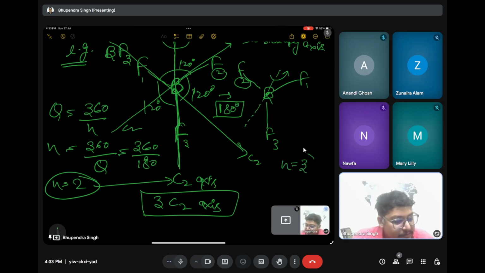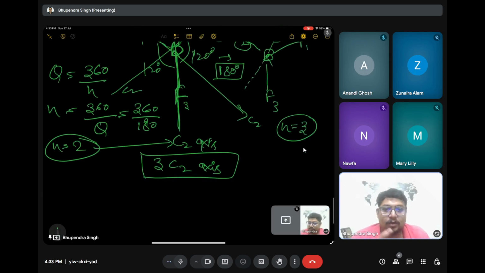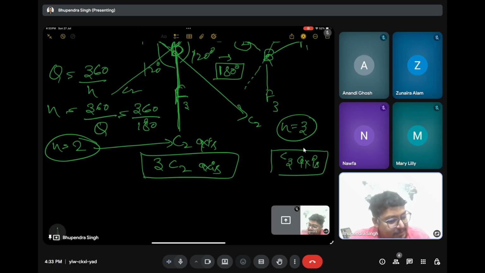It should be 3. According to our equation, I believe it is a C3 axis.